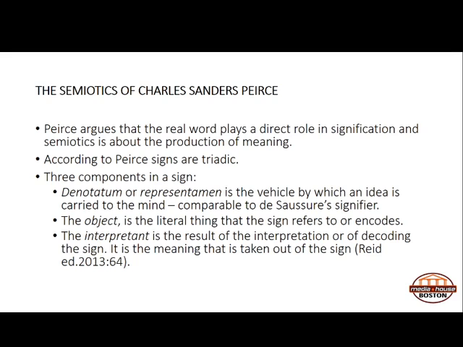It is the literal thing that pen represents. Either doing exams, obviously depending on the context, or an exam paper, a form, a desk. But the interpretant is the result of the interpretation. It is your decoding of the sign.